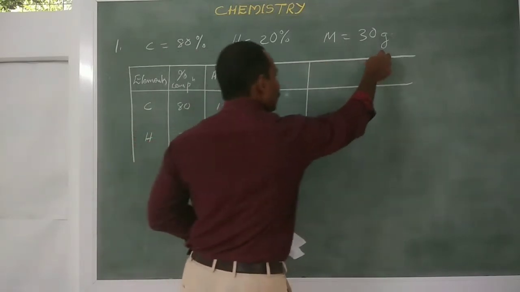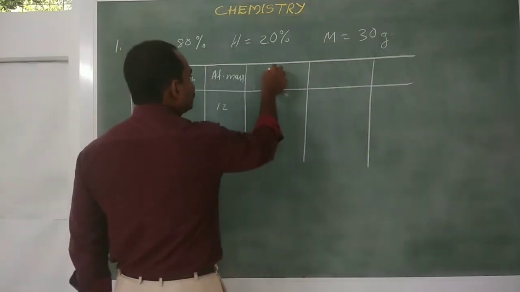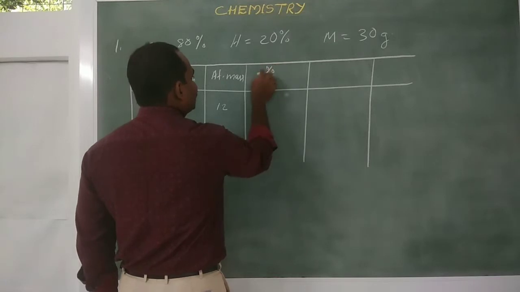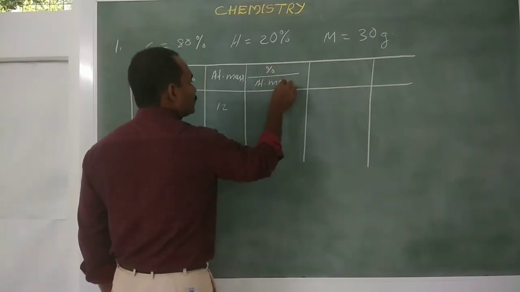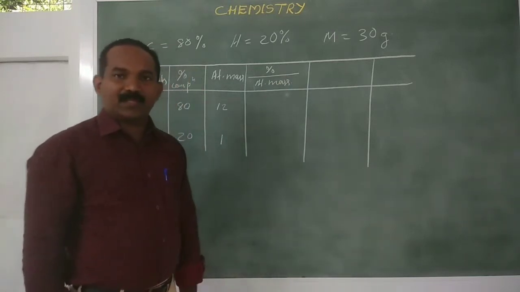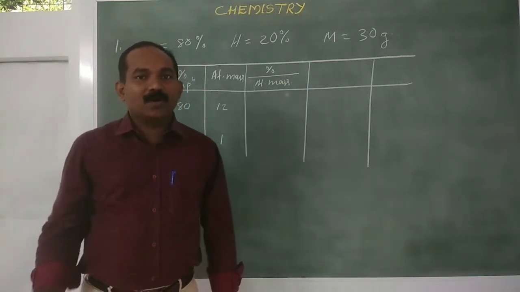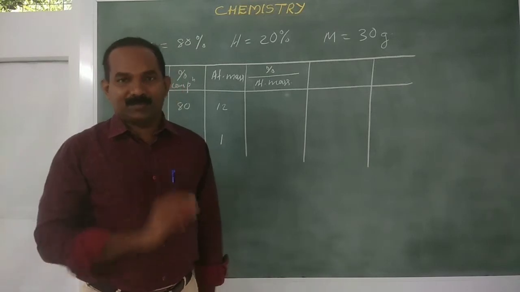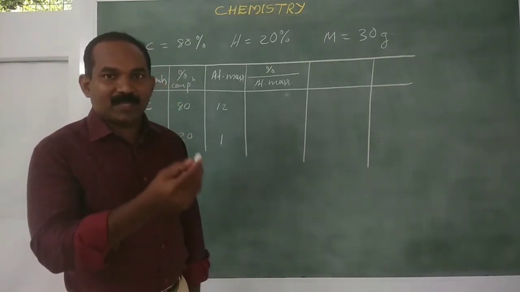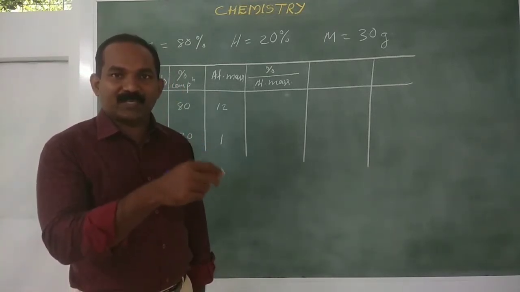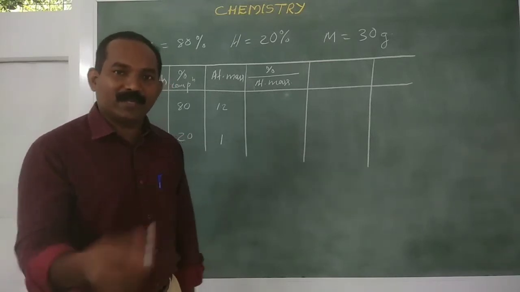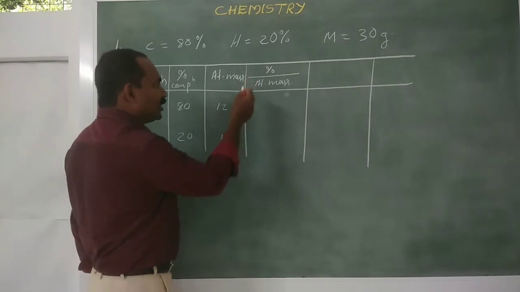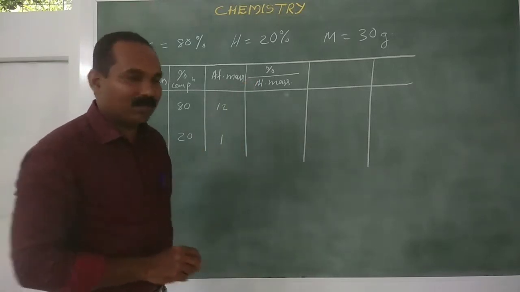Then the fourth column is percentage of composition divided by atomic mass. That's how we get the number of moles or number of atoms. Percentage of composition means the mass percentage in a compound, or it is related to the mass of the element in a compound, so percentage of composition is divided by atomic mass.